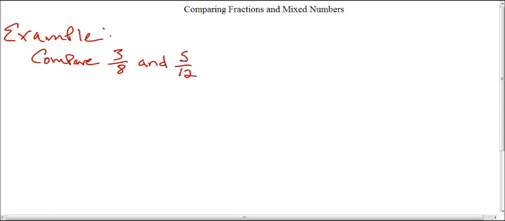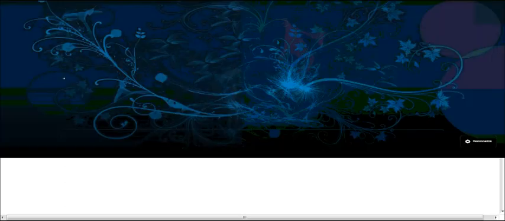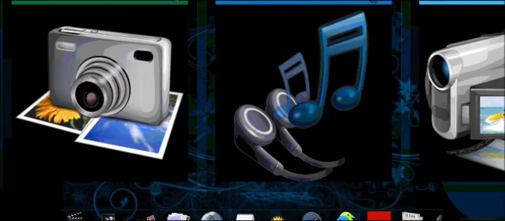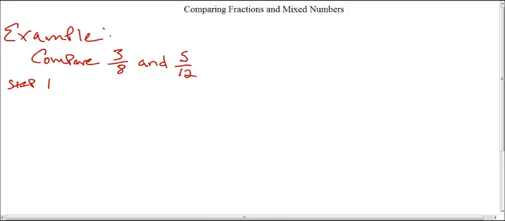So, step 1, we need to find the least common multiple of the denominators. Again, we can start by finding the LCM, least common multiple, of 8 and 12.